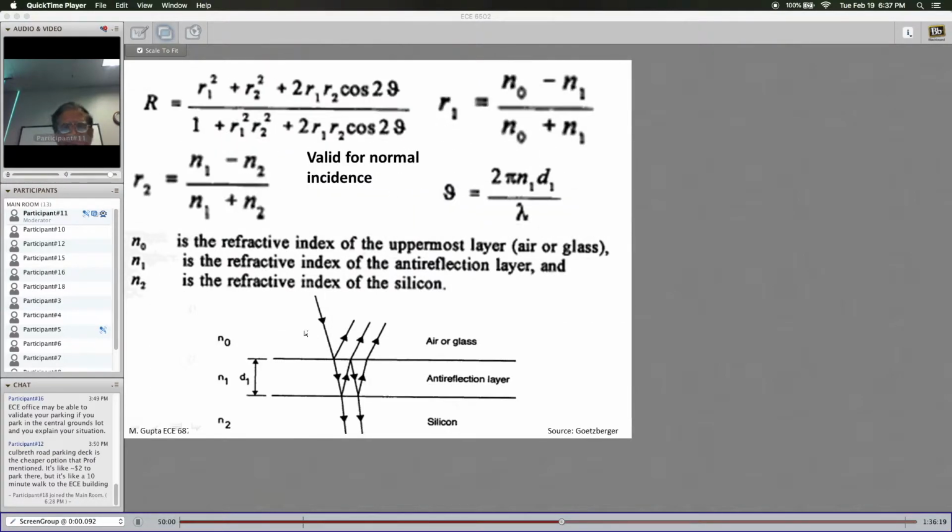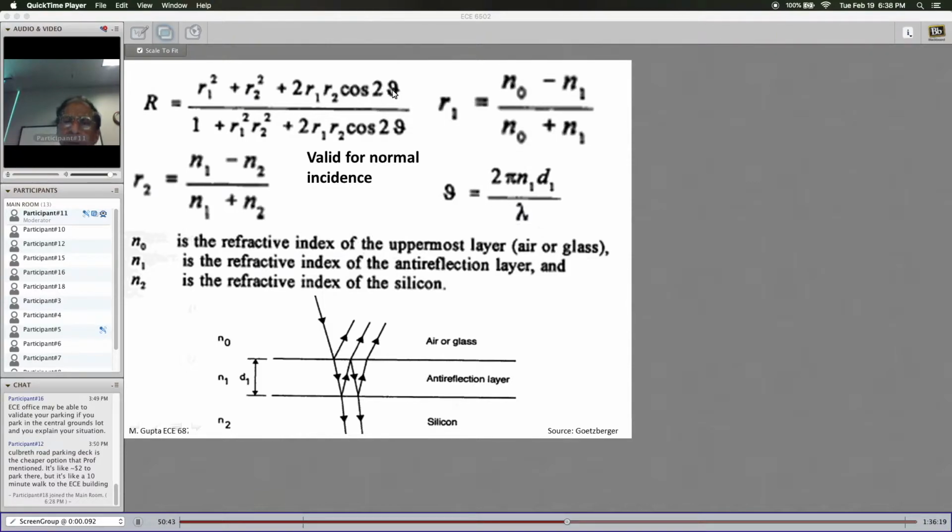So using light as an electromagnetic wave, people have derived that the light amount reflected from a given surface is given by R1 squared, where R1 is the amplitude of the first surface reflection, plus R2 squared plus 2R1R2 cosine of 2 theta, divided by this term, where R1 and R2 are related to the index.